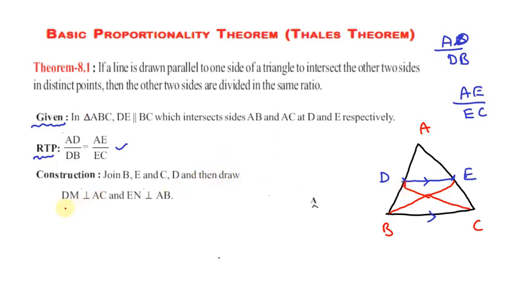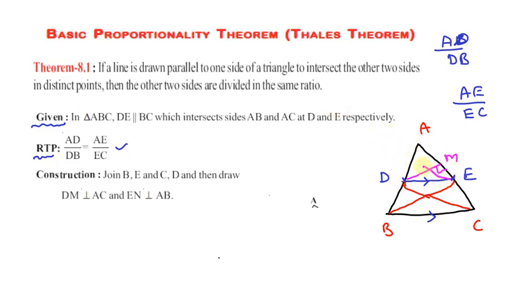And then draw DM perpendicular to AC. That means we have to draw a perpendicular line through the point D to AC. So let me draw a perpendicular line here. This is DM. Then EN is perpendicular to AB. That means through the point E, we have to draw a perpendicular line to the side AB.